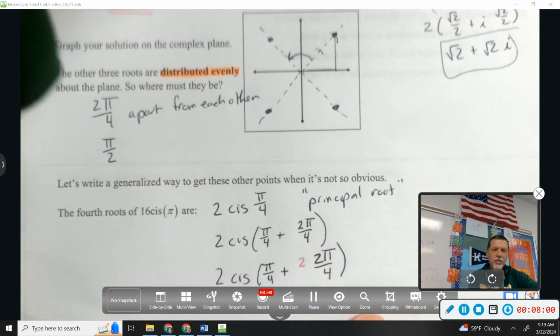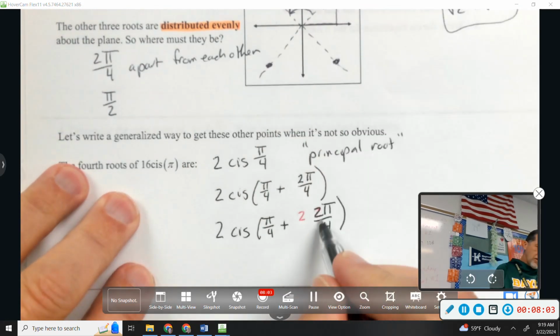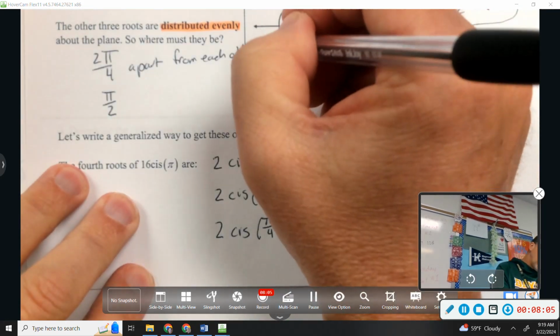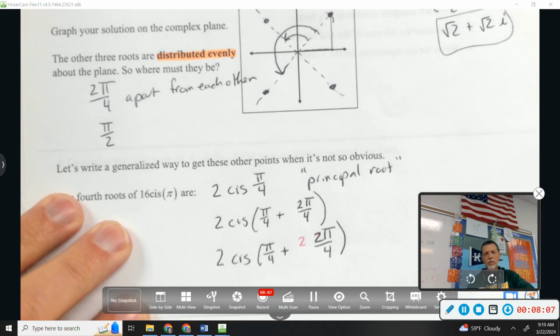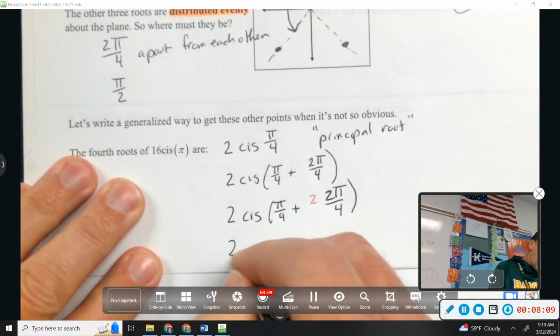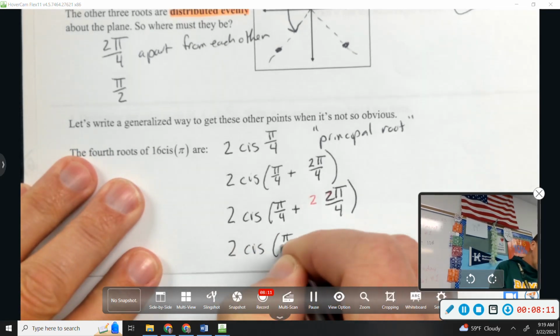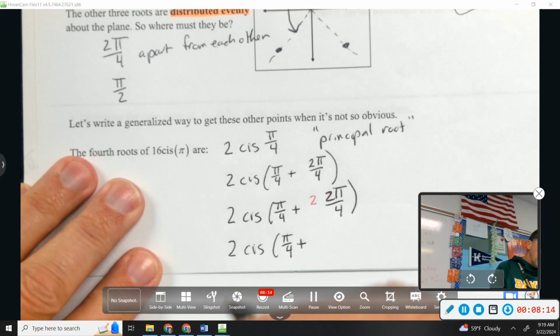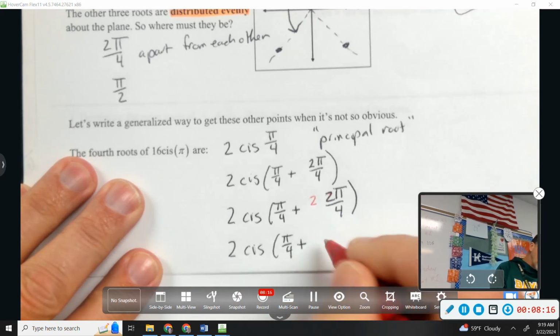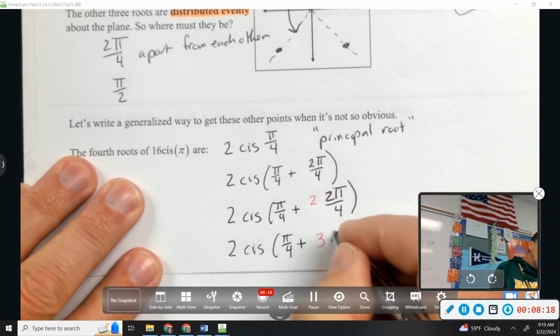Obviously that reduces, but that'll get us, so that'd be pi, that would move us to that third one. And then for our last one, pi over 4 plus 3 2 pi over 4s.